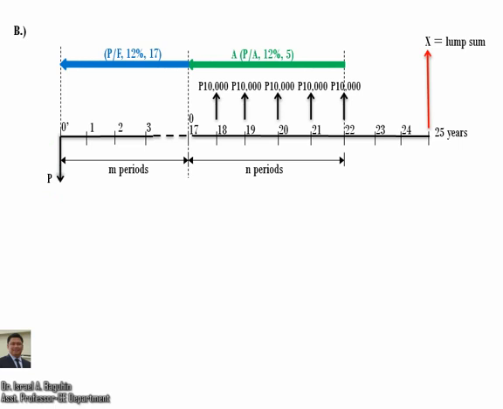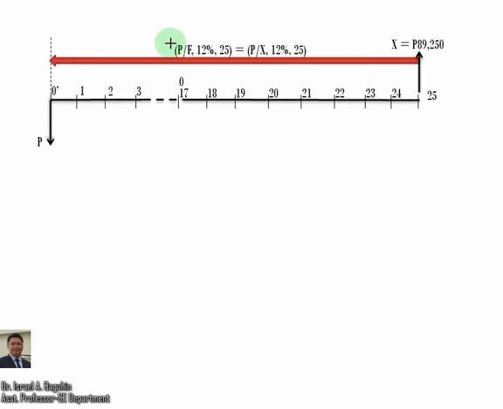So we have here a simple illustration of this cash flow diagram. Actually, we already calculated this lump sum or single payment, the lump sum amount this grandson received on his 25th year birthday, which is 89,250.